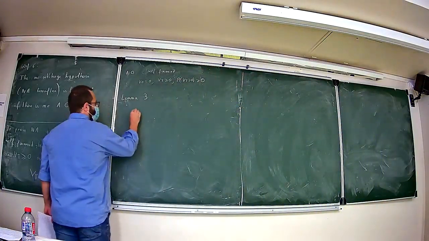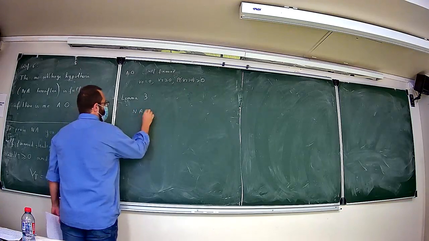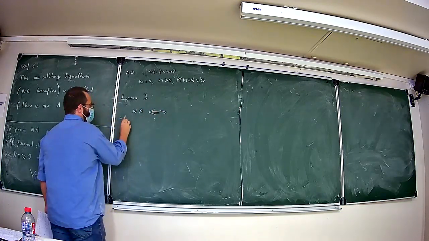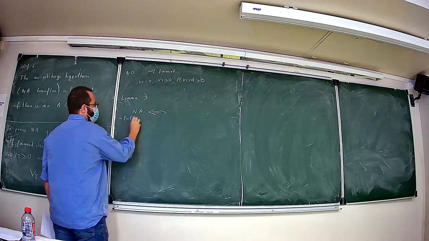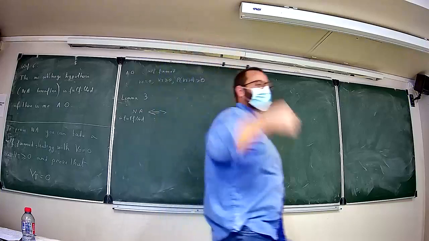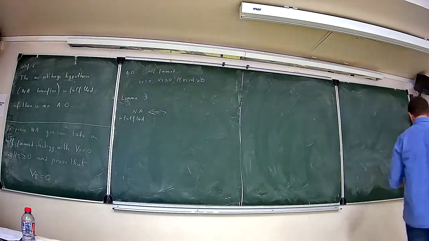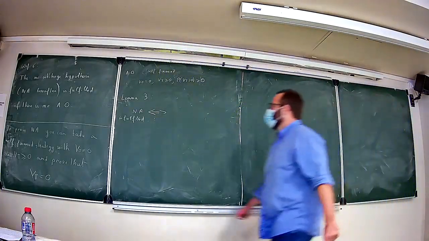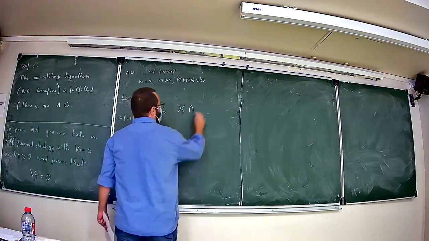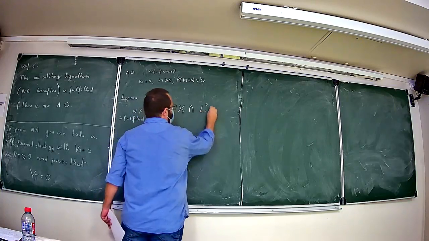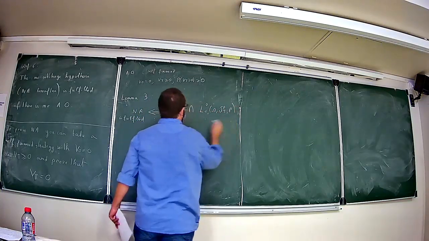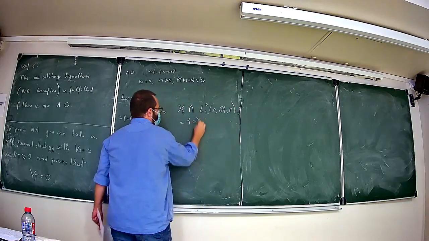I say that NA is fulfilled if and only if, and that's why I introduced the preceding spaces, K intersected with L0 plus of F_T is reduced to 0.